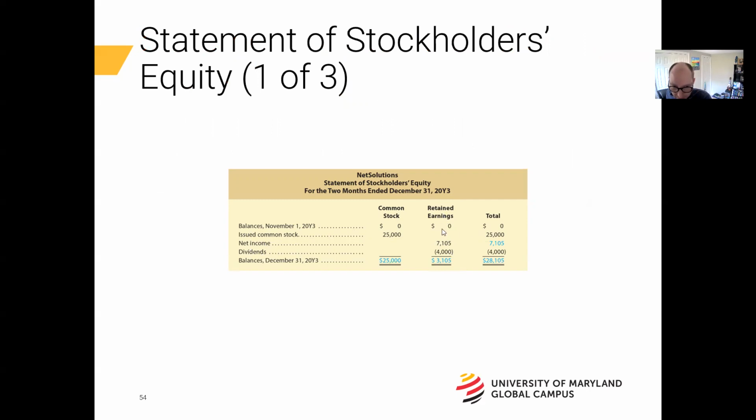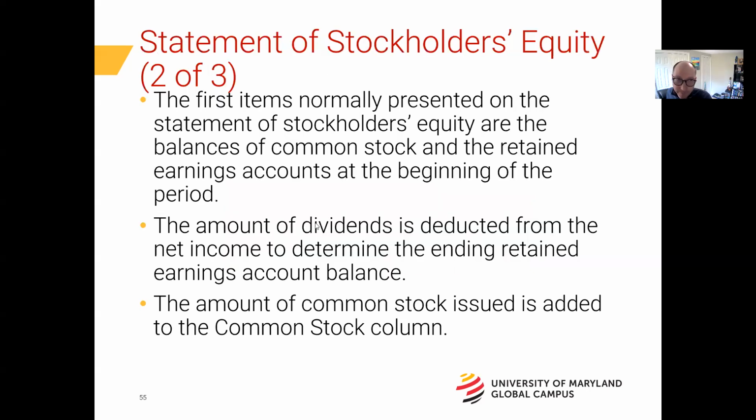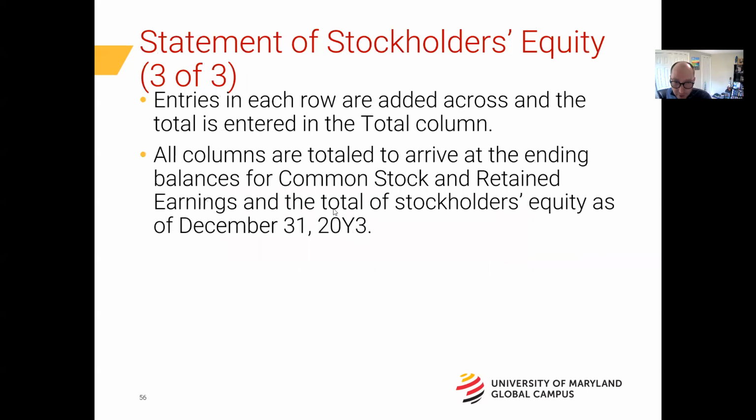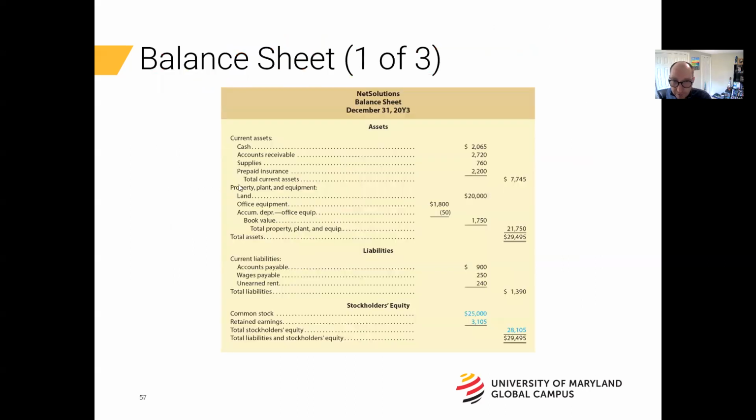So beginning balance retained earnings plus net income minus dividends equals your ending balance retained earnings. If it's a loss, it'll be a minus. And hopefully there's never a loss.